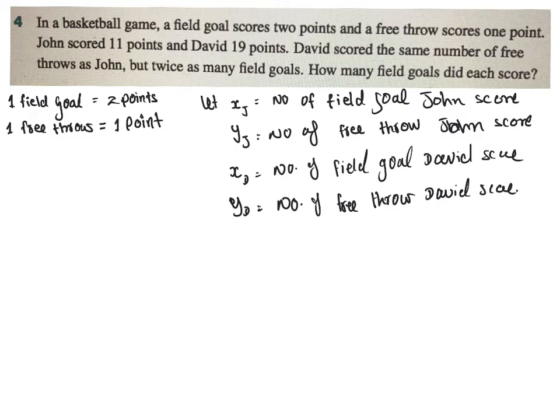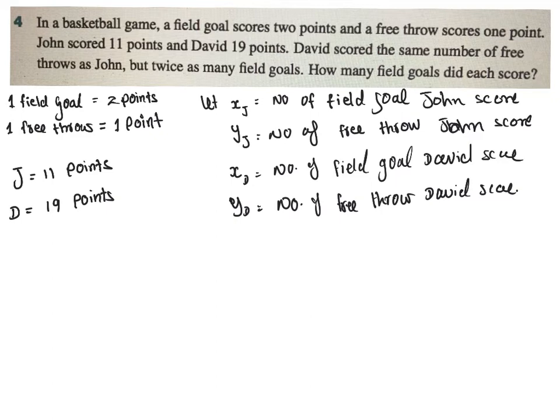Okay, now let's find out the total number of points John scored. We know that the total number of points, which I'm going to label as j, is equal to 11 points. And the total number of points David scored is equal to 19 points. Okay.